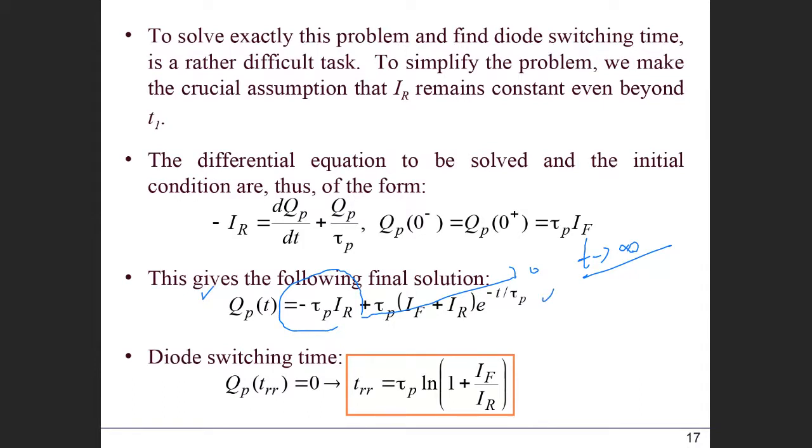This is how our hole concentration changes as a function of time.